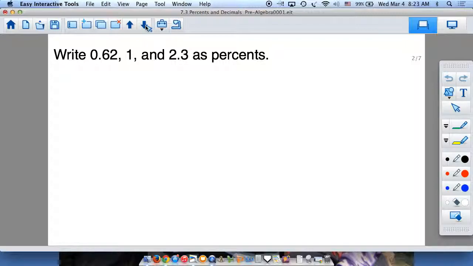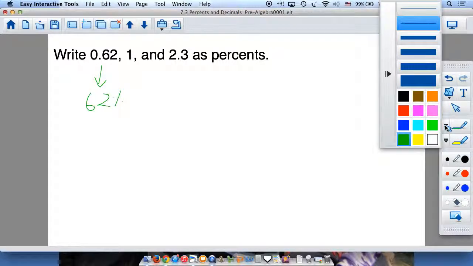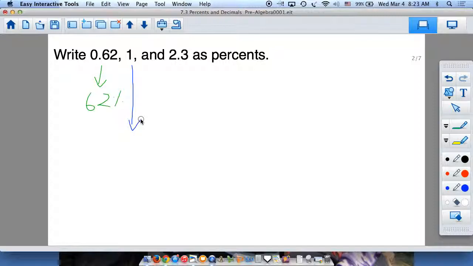All right, hopefully you've done these correctly. If I'm changing 62 hundredths to a percentage, move that decimal point 2 places to the right, and you should have got 62%. If I'm changing 1 to a percent, that decimal right now is after the 1, right? So if I move it 2 places, we have to fill in with zeros.